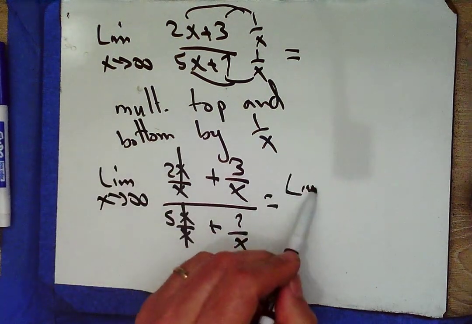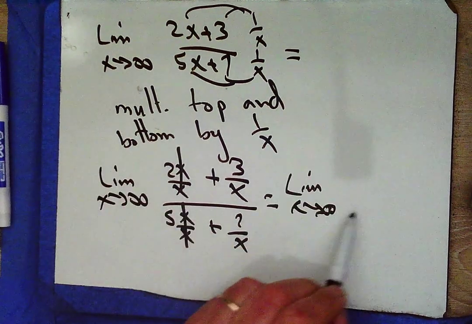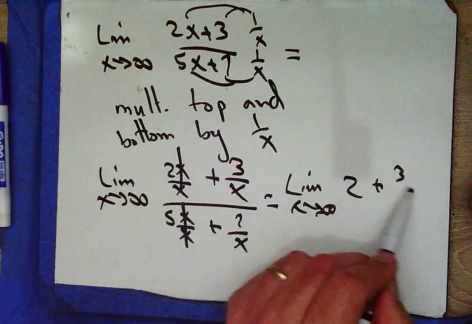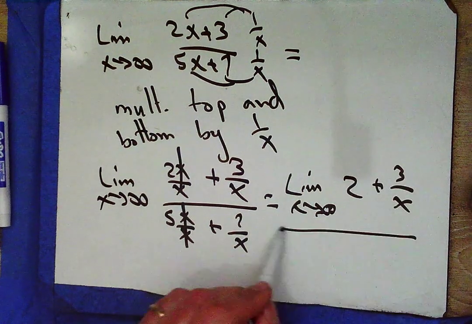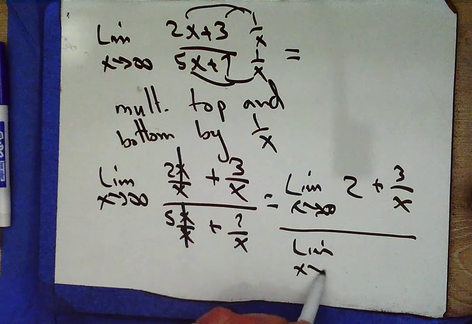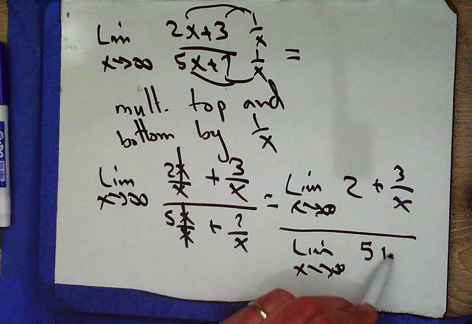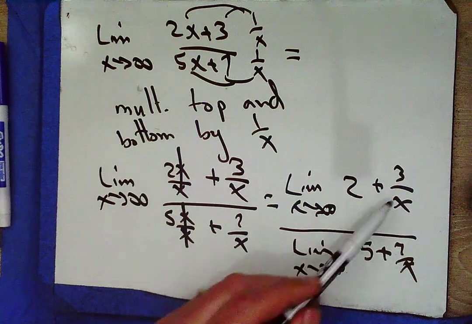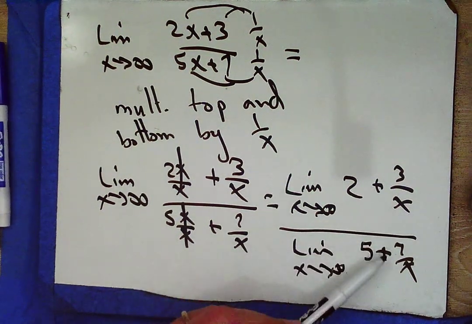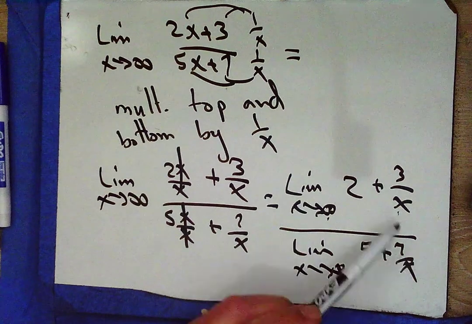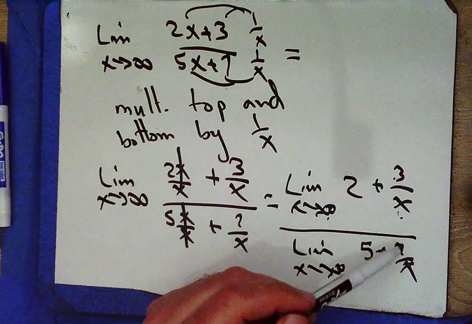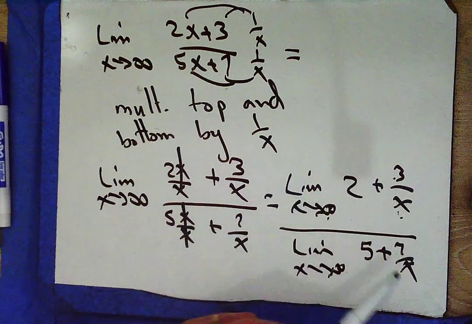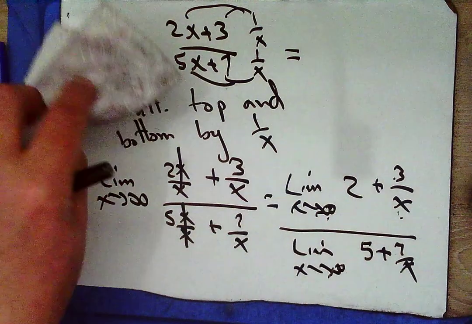And so now I'm thinking about the limit as x heads to infinity of 2 plus 3 over x. I could even split it up and say the limit as x heads to infinity of 5 plus 7 over x. Now, let's think about this limit up here in the numerator. If I plug the infinity in there, 3 pizzas, an infinite number of people, what happens to that? That's right, that becomes 0.